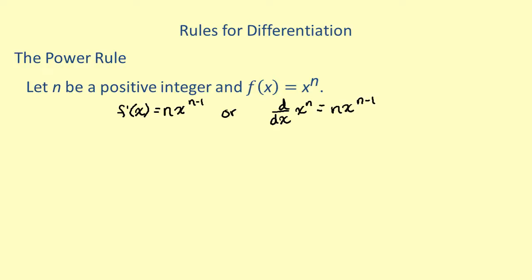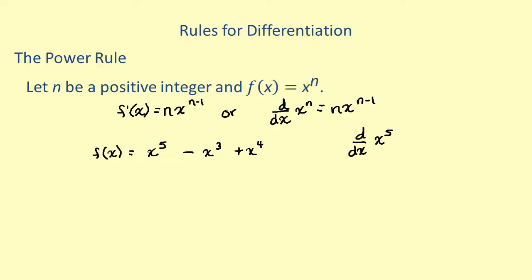Now let's find the derivative of a trinomial function. f of x equals x to the fifth minus x cubed plus x to the fourth. Note the derivative of a polynomial is the sum of the derivatives of the monomial terms. Start by finding the derivative d over dx of x to the fifth.